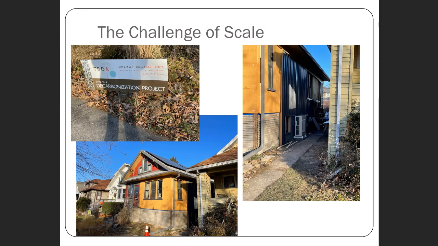In the next block over from me, there's Tom Basadilli, a local architect who I think has made it part of his practice to specialize in high performance and low carbon architecture and design. This is his house. He's got a sign up in front of it that says this is a decarbonization project, a deep energy retrofit.